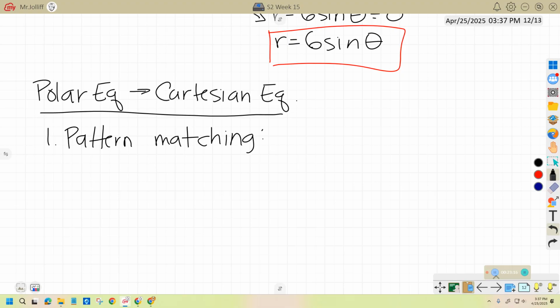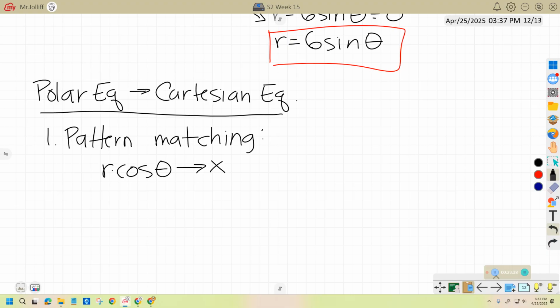So if you see an r cos theta or an r squared cos theta squared, what does r cos theta become? x, yeah. So if you see an r squared cos theta squared, that's an x squared. An r cubed cos theta cubed, that's an x cubed, right?